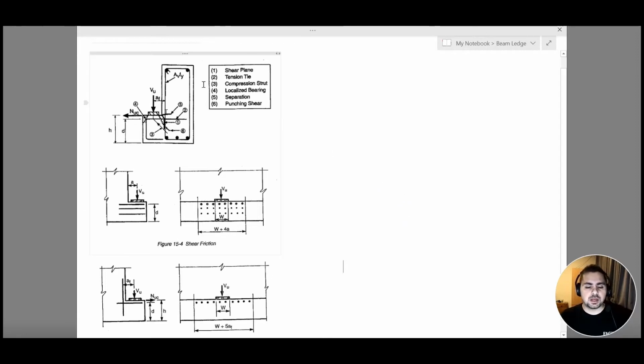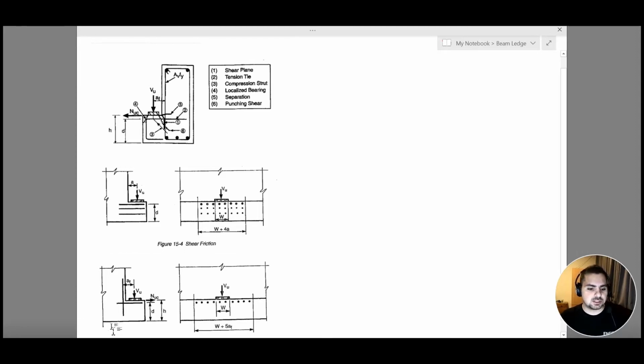When I talk about a beam ledge, it can be a pre-stressed reinforced concrete structure, and its main function is to support precast concrete structures such as hollow core slabs and precast beams.